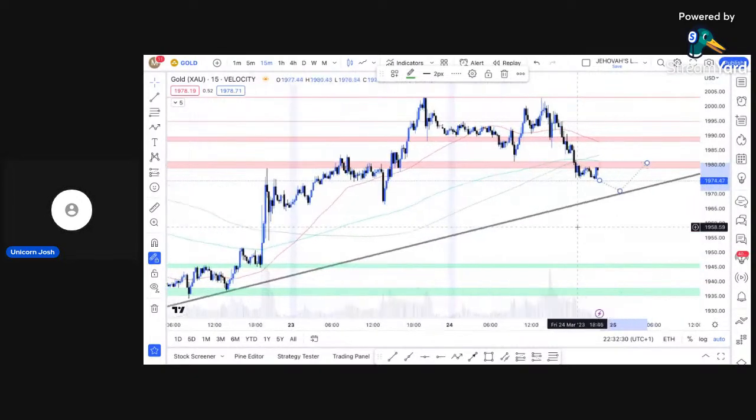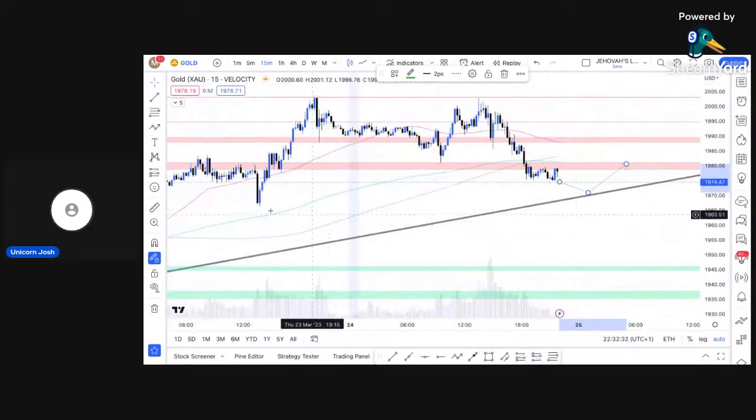Okay, good. It looks better now. So this is a support which could attract the price. So there's a likelihood of the price getting to this line, which is also close to this trend line. So we have multiple things attracting the price to come down.